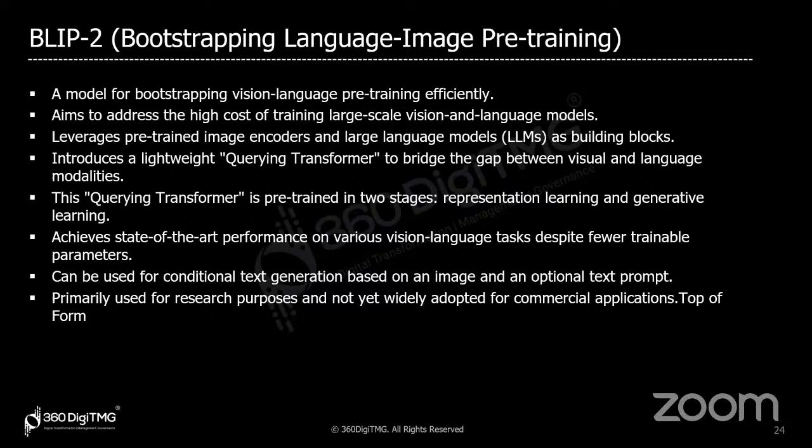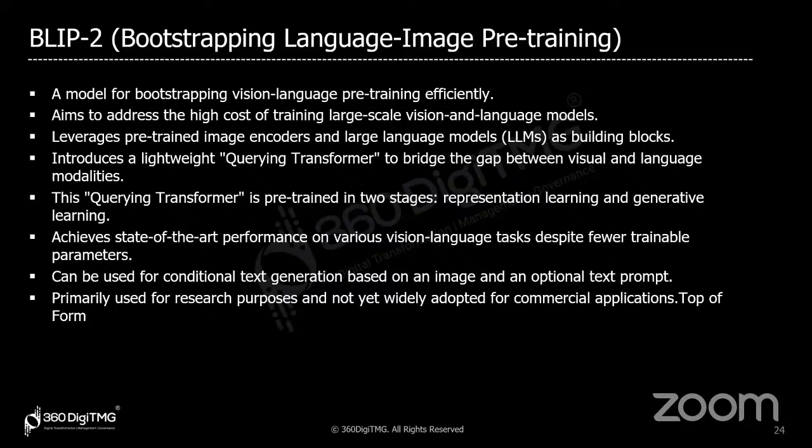This Querying Transformer is pre-trained in two stages. First is representation learning and second is generative learning. So this achieves state-of-the-art performance on various vision-language tasks despite fewer trainable parameters.